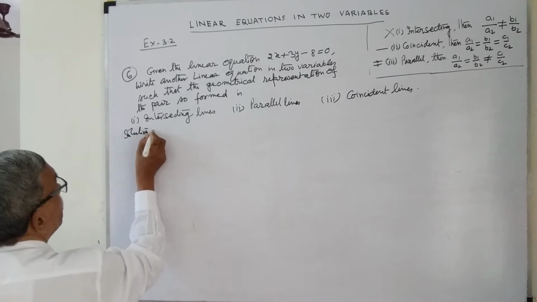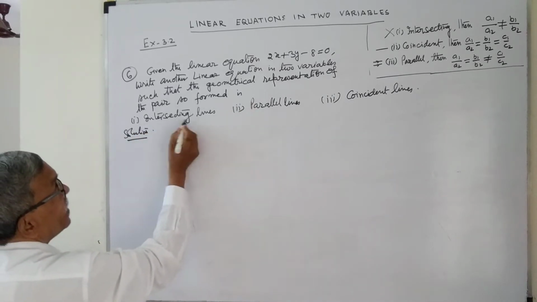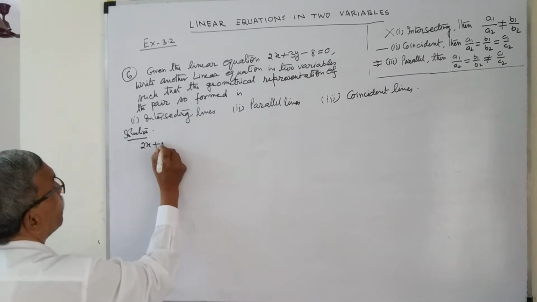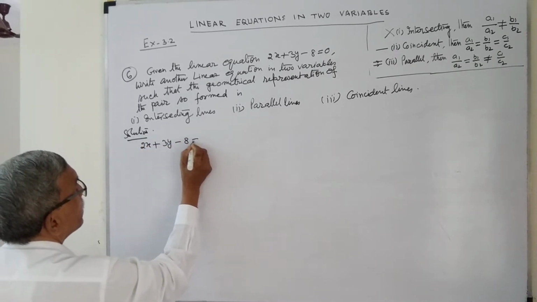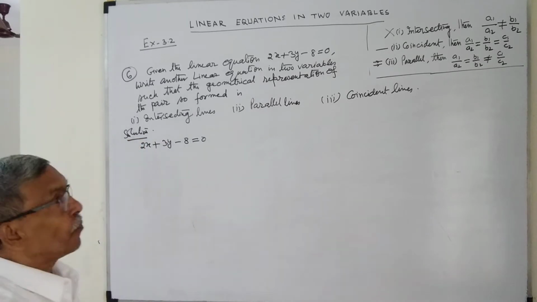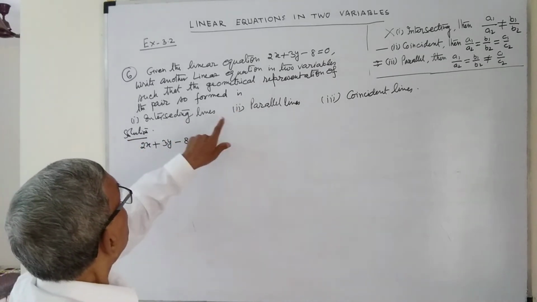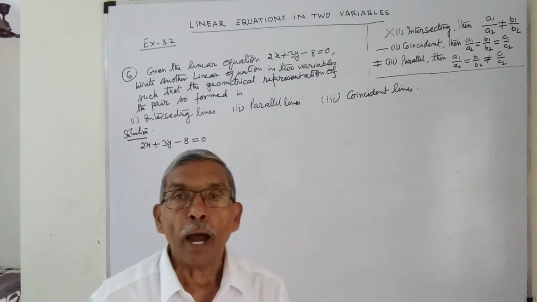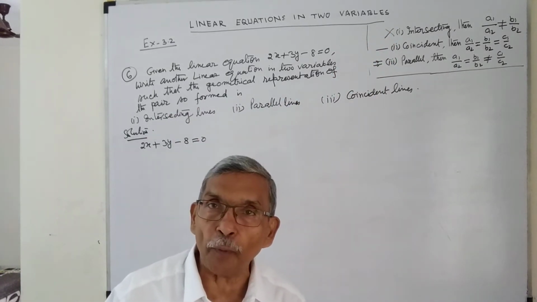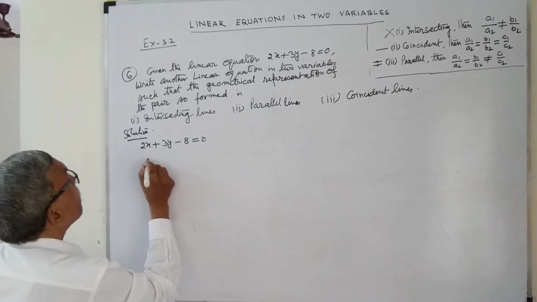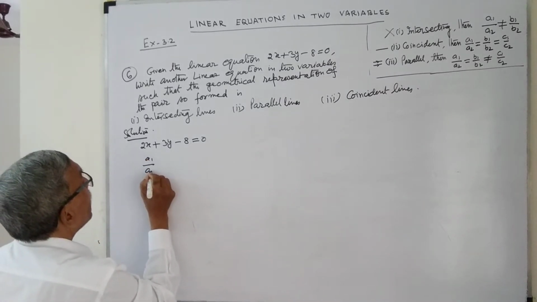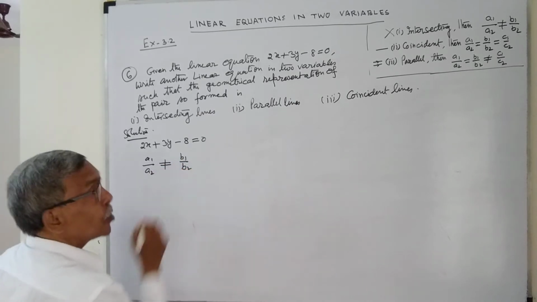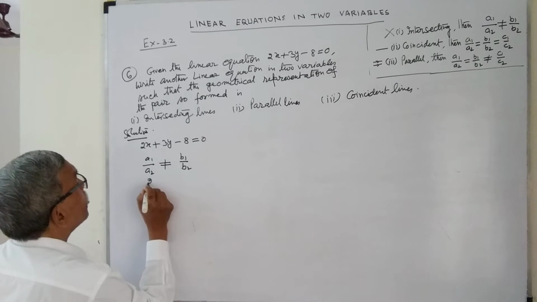How will you proceed? First, intersecting. This is our given equation, 2x plus 3y minus 8 is equal to 0. For intersecting lines, you know that a1 upon a2 is not equal to b1 upon b2. Here a1 is given, it is 2, and b1 is 3.